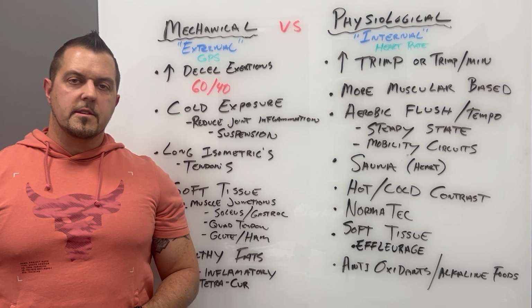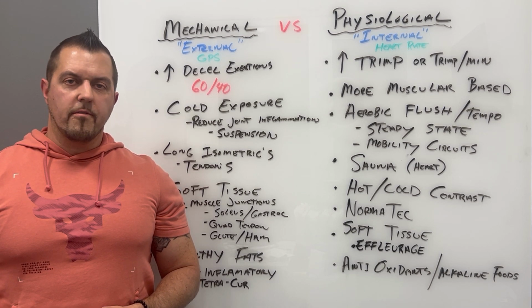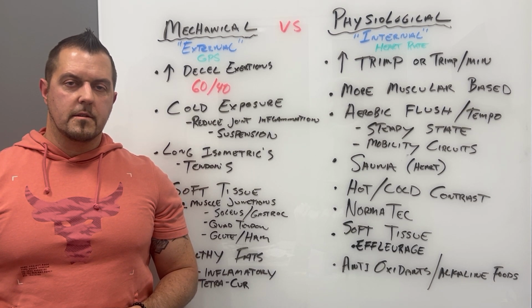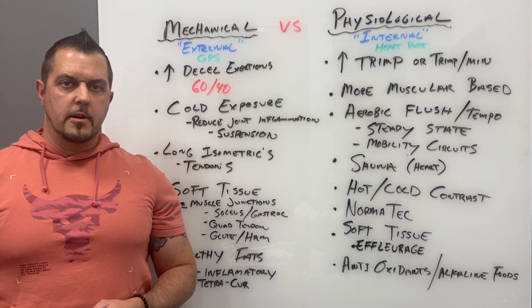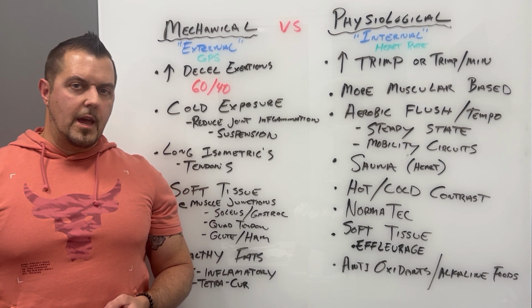Today, we're going to discuss how to bucket your recovery methods and modalities based on what the dominant player load structure is. There are different ways to look at player load.